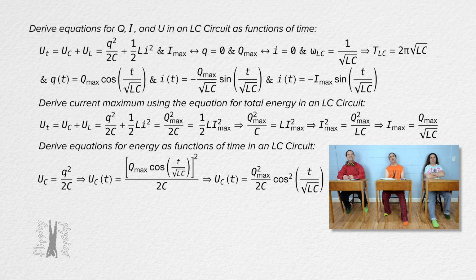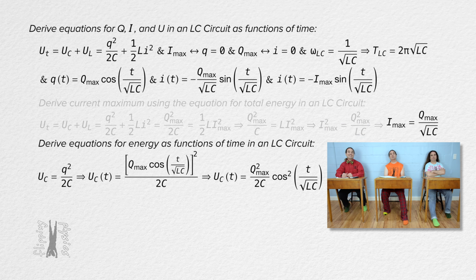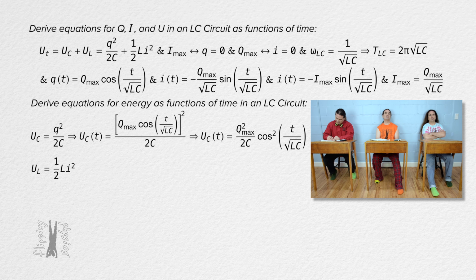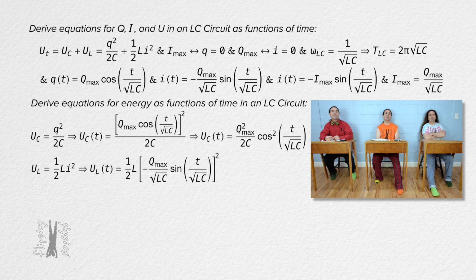The energy stored in the magnetic field of an inductor equals 1/2 inductance times current squared. That means the energy in the inductor as a function of time equals 1/2 inductance times the square of the quantity negative charge maximum over the square root of inductance times capacitance, all times the sine of the quantity time over the square root of inductance times capacitance.